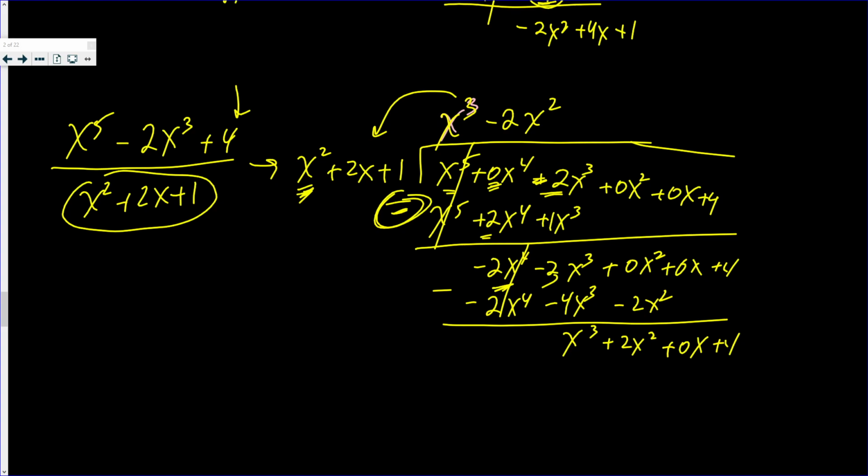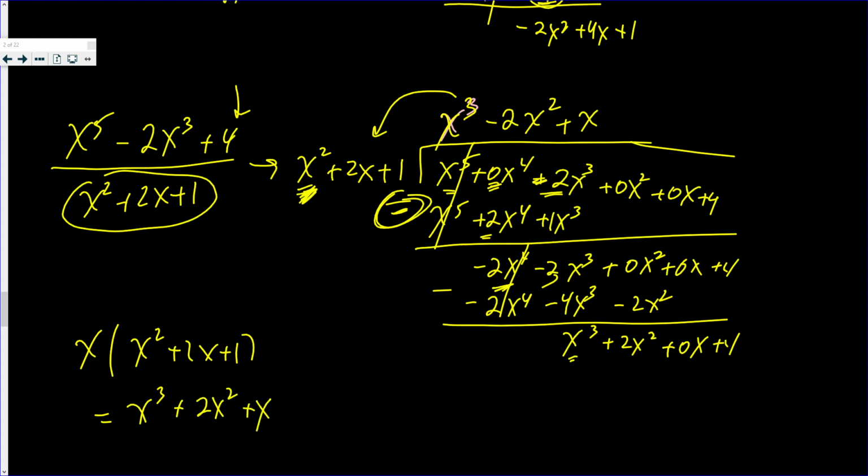Okay, what do you multiply x squared by to get x cubed? The answer is positive x. So we multiply positive x by what's in front, and then we subtract it off. x cubed plus 2x squared plus 1x. And we subtract. That cancels by design. Oh, how nice.